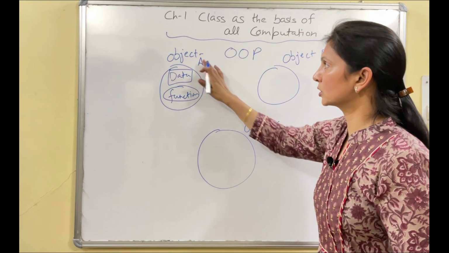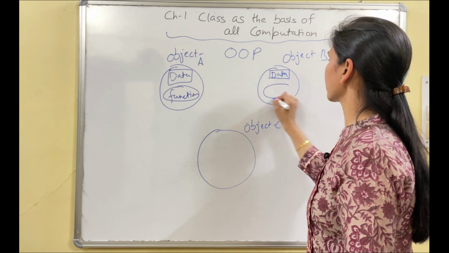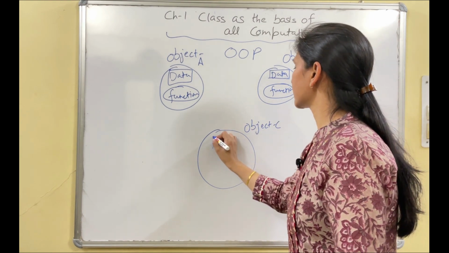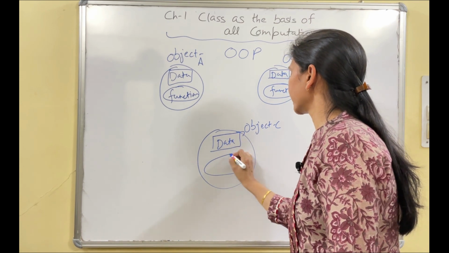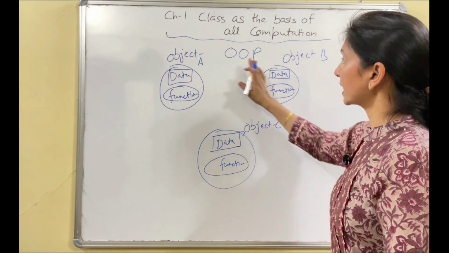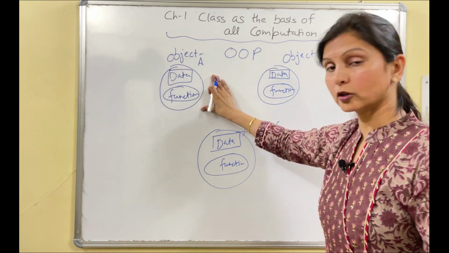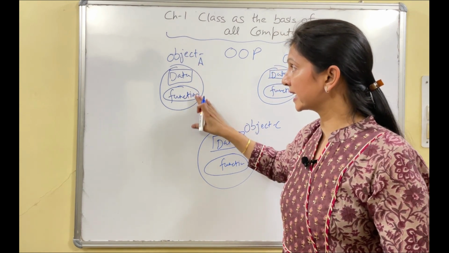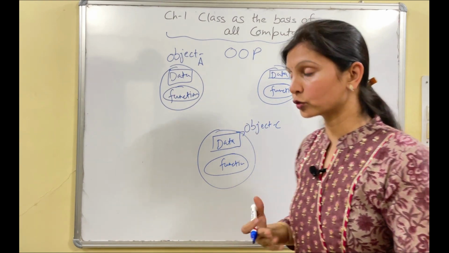This is the data and function of object A. This is the data and function of object B. Same way, this is the data and function of object C. So the program is divided into three objects, A, B, C. An object is a single unit, an entity which combines data and function together.